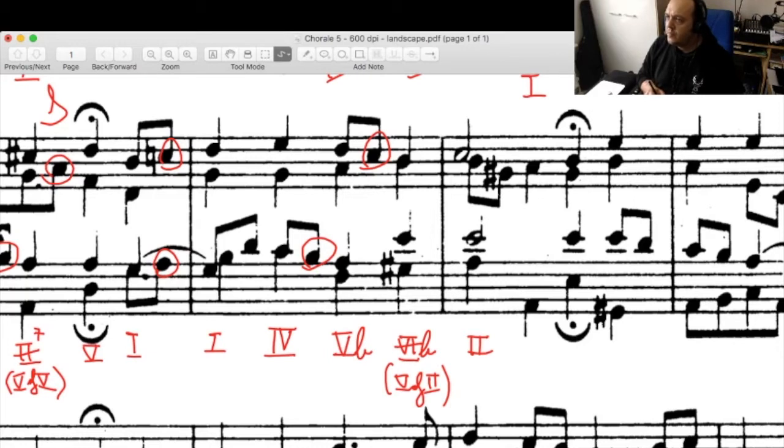5 of 2. 5 of 2. And this is just 2. There's still A minor. So basically 2 beats of A minor here, and during that beat, the attention is taken primarily by that double appoggiatura. So that double appoggiatura is taking the spotlight for that beat, because I have 2 beats of A minor.